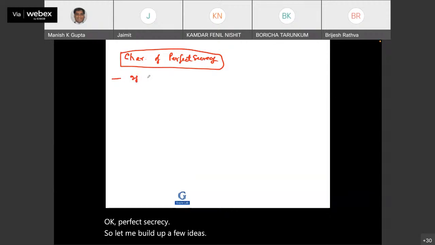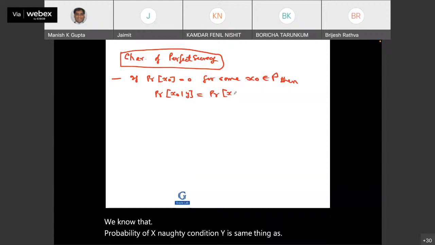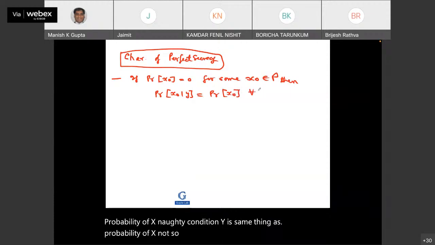If the probability of x naught is 0 for some x naught in P, plain text, then the probability of x naught given y is the same as the probability of x naught. So it is trivially true for every y in C.